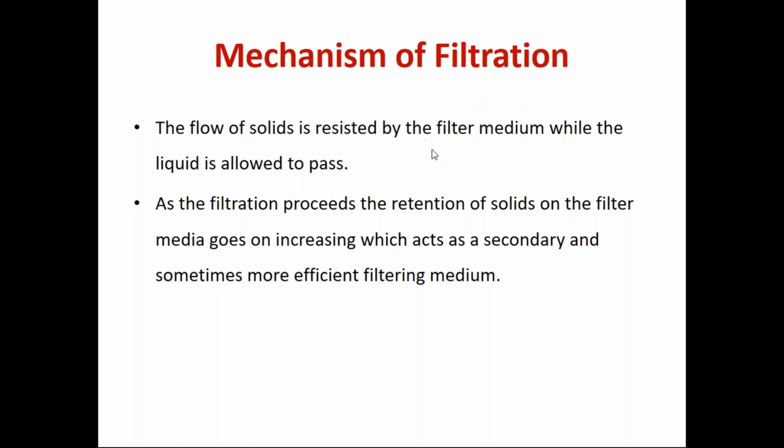The filter will stop the tea powder from coming into the tea, so you'll get only tea in the purest form. It is with the help of the filter that we can separate the solids, and the solids or tea powder remain on the surface of the filter medium. Okay, this is one mechanism.